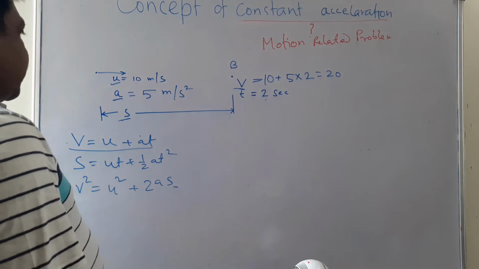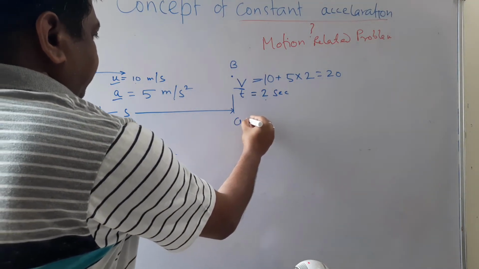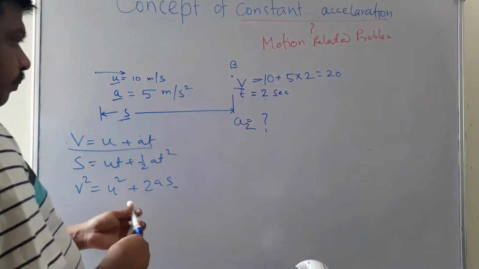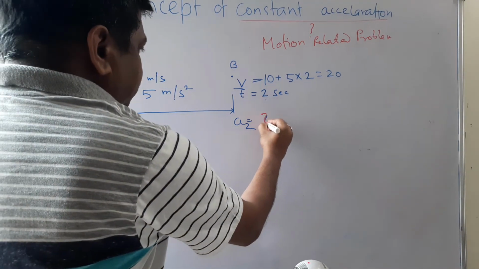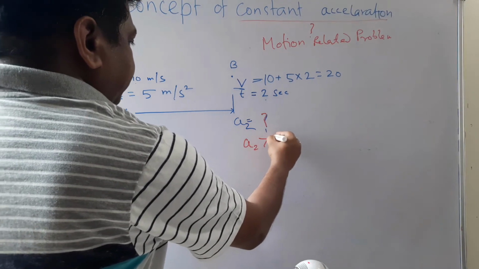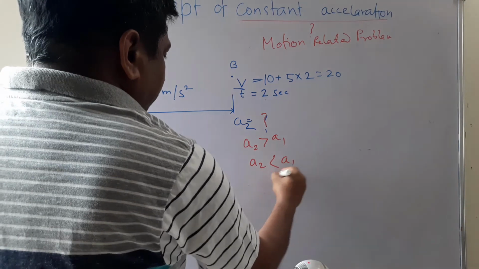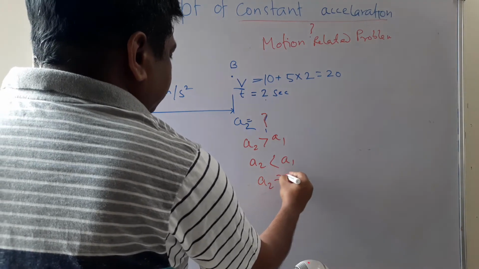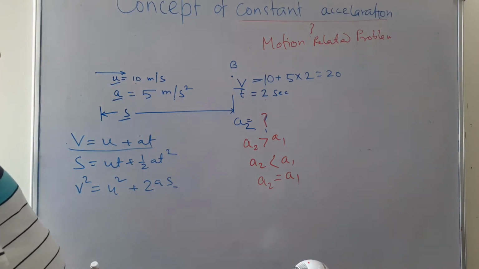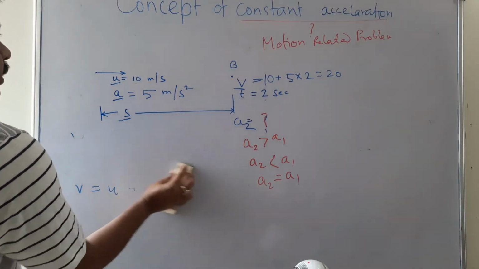Now the point is, what will be the a here? Let's say it's a2. So this is our question. Can a2 be greater than a1, or a2 less than a1, or a2 equal to a1? I am erasing all those things.